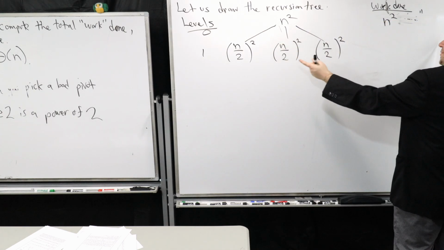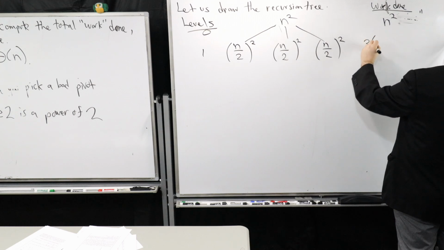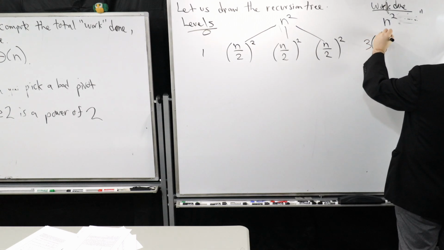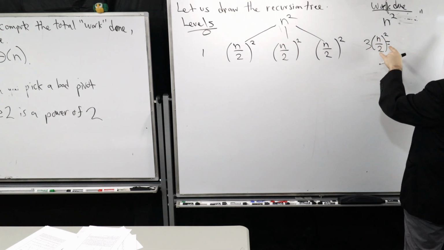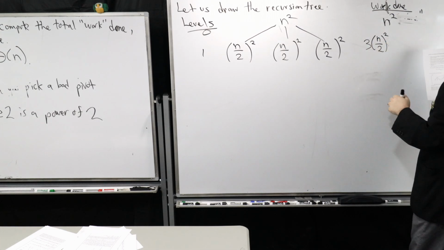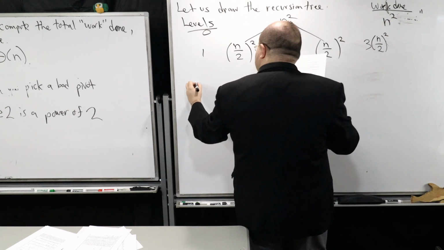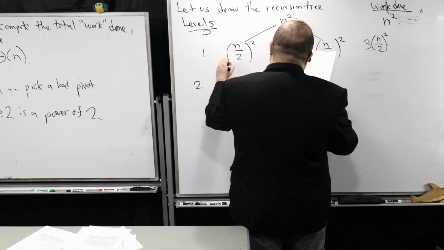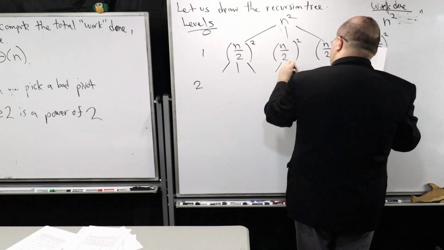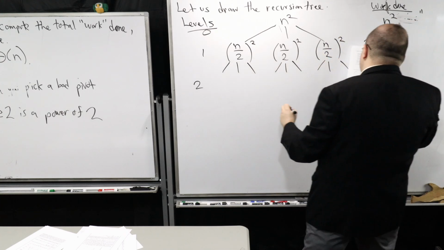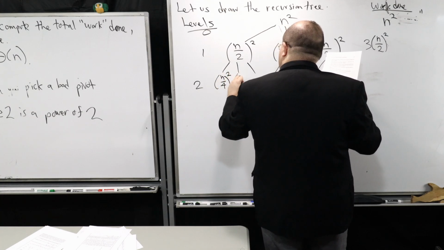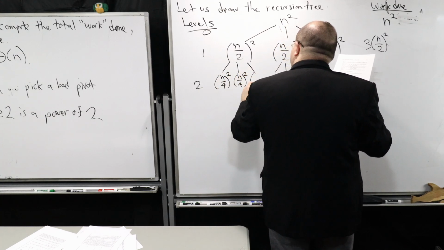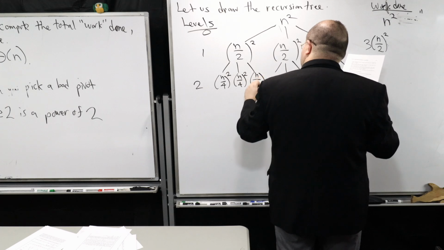Notice I have 3 of these, so I have 3 times (n/2)², which, let's leave it like this, and we'll figure out what's going on here. So for each one of these, at level 2, I'm going to have 3 children for each one. I'm going to have (n/4)², (n/4)², because remember, all I'm doing is dividing by 2 each time for my recursive call.